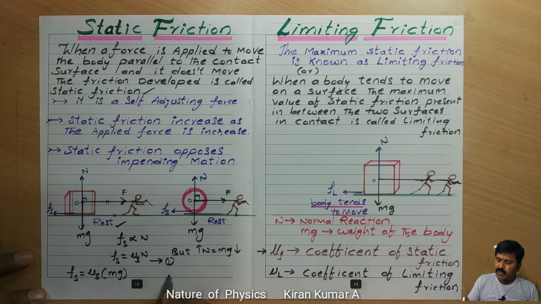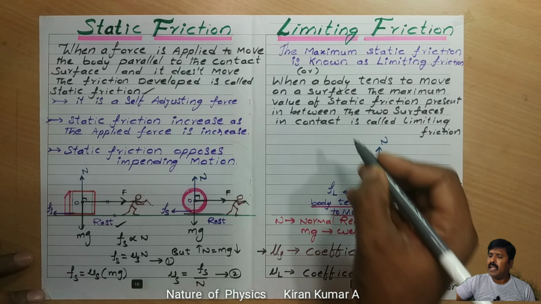And from equation 1 we can write the coefficient of static friction mu s is equal to Fs divided by N, students. The coefficient of friction has no units and dimensions because it is the ratio of the same physical quantity. Now I can write this as equation number 2.